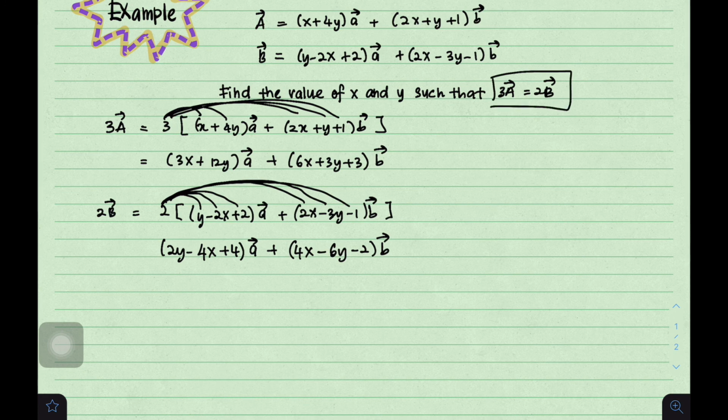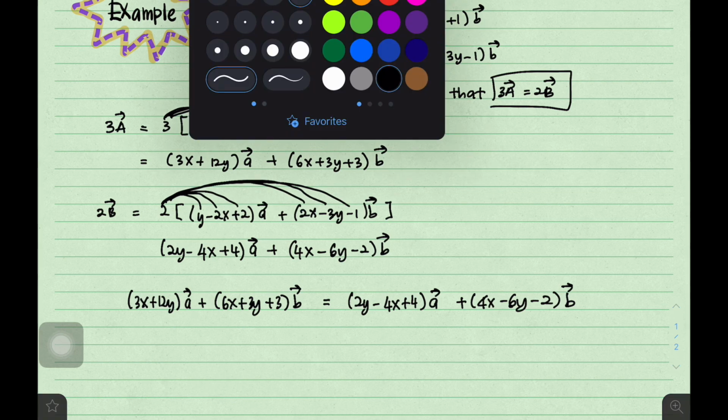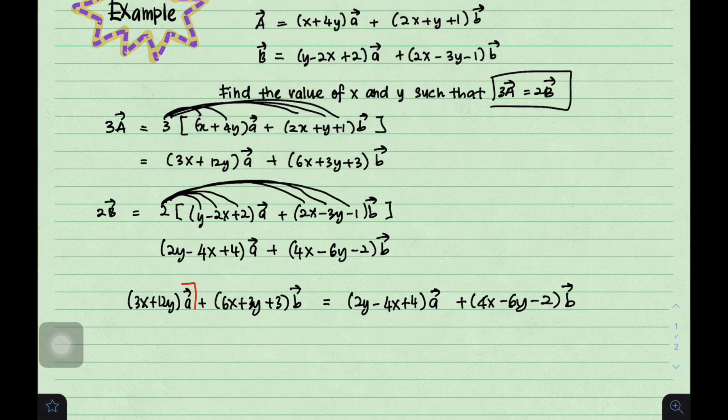So sekarang soalan kata 3A sama dengan 2B. So kita samakan kedua-duanya. So apa yang awak akan dapat adalah (3x tambah 12y)A tambah dengan (6x tambah 3y tambah 3) vektor B, okay, adalah sama dengan (2y tolak 4x tambah 4) vektor A tambah dengan (4x tolak 6y tolak 2) vektor B. Okay, so apa kita perlu buat adalah kita perlu buat comparison di mana untuk vektor A awak comparekan dengan vektor A dekat sini.